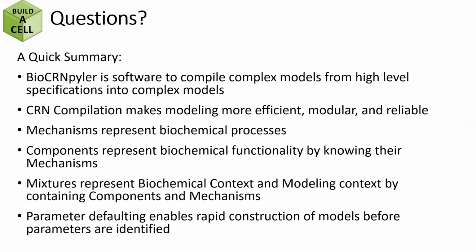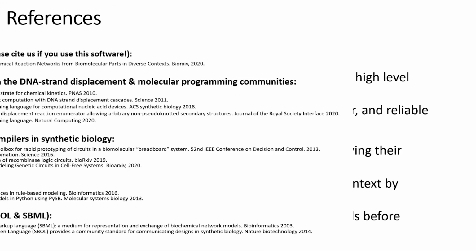Components represent biochemical functionality and know about the mechanisms that they are going to call. Mixtures represent biochemical context as well as modeling context and contain both components and mechanisms. And finally, parameter defaulting will help enable the rapid construction of models before you've identified all your parameters experimentally or from the literature.